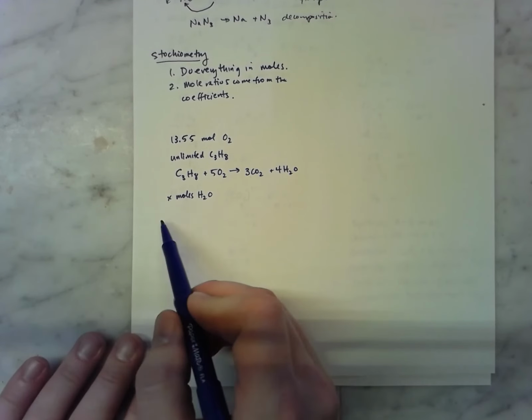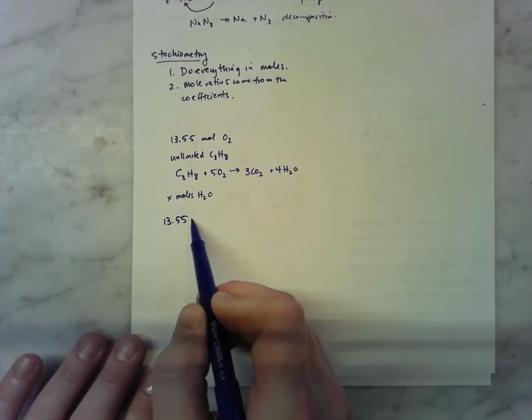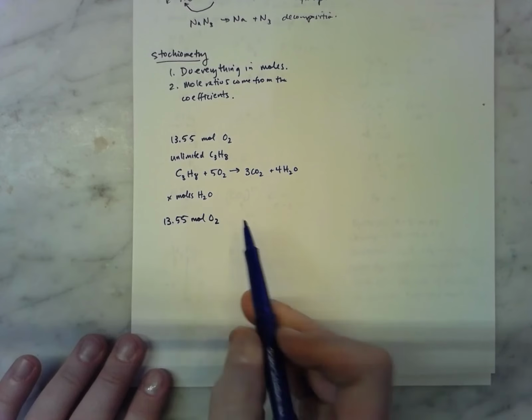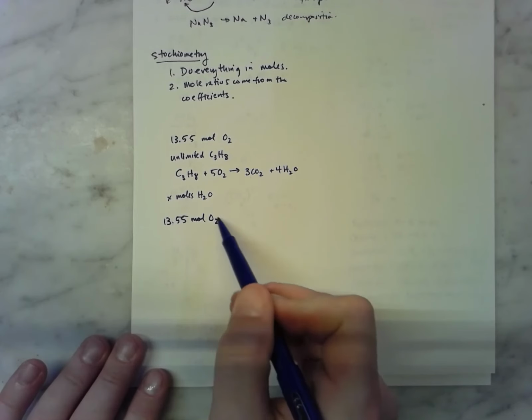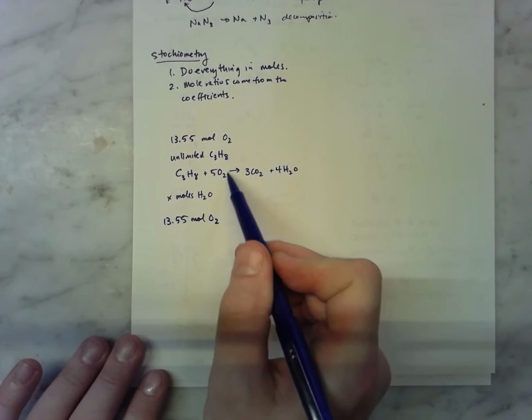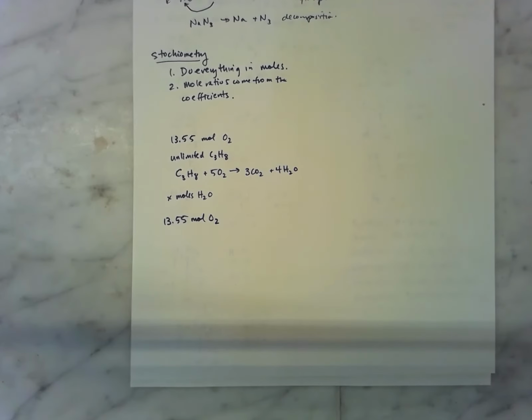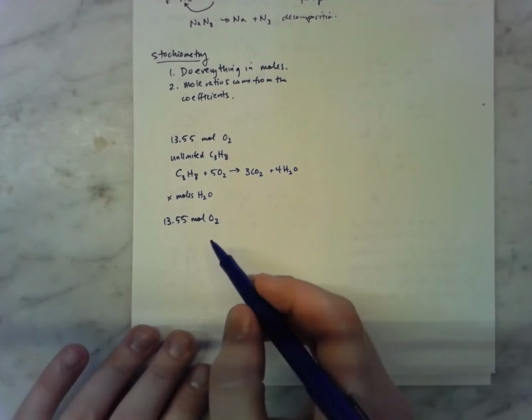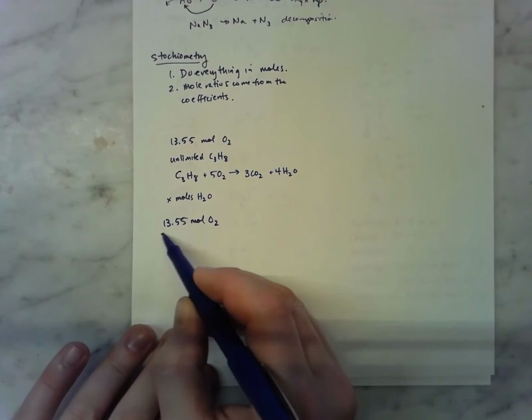We have 13.55 moles O2, and you always want to check and make sure it's diatomic in the equation here. We'll talk about what you do if they're not in a little bit.